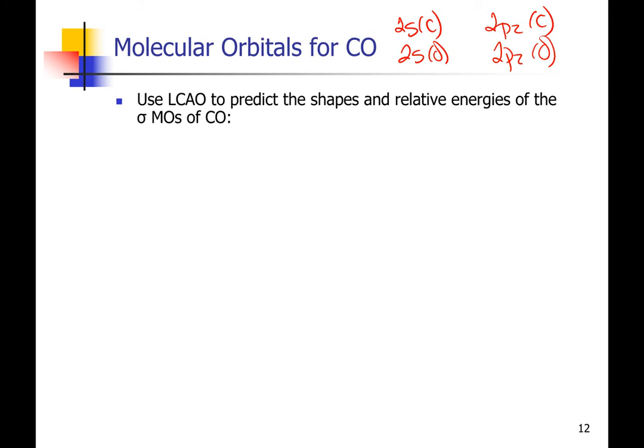So, 4 of them. In my opinion, the easiest way to do this is to predict the pictures of the lowest energy one, and then predict the picture for the highest energy one, and then use nodes to fill in the middle.